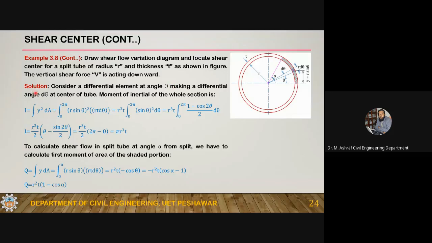Okay, so for a split tube of radius r and thickness t as shown in the figure, the vertical shear is given, and we'll have to draw the shear flow variation diagram and locate the shear center for this one. Okay.